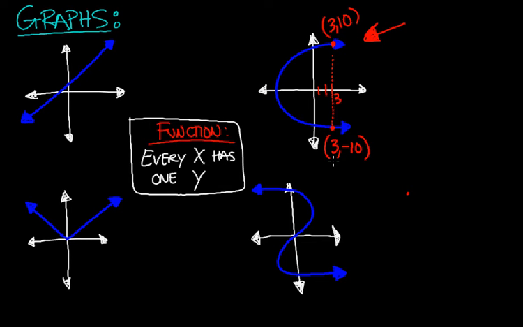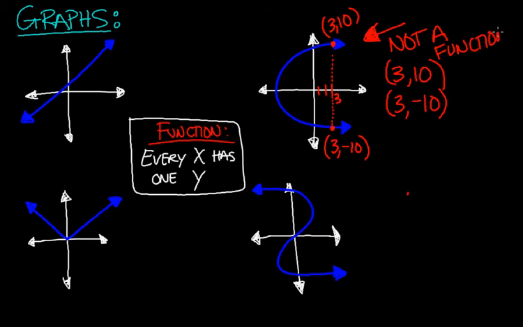All right, I got one x, but I've got 2 different y's that go with it. Okay, this thing is not a function. I'm sure it's an equation, it makes a pretty picture, it's just not this thing that's called a function.